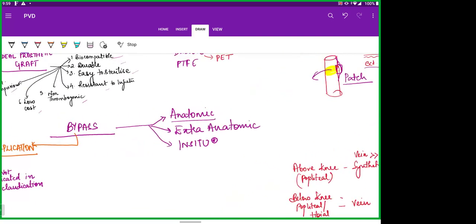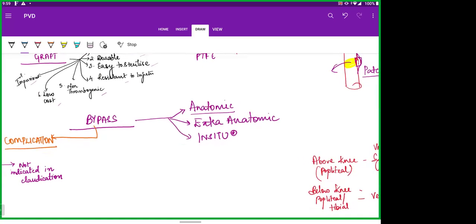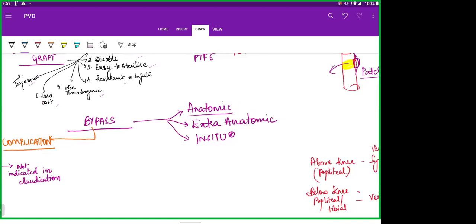So the commonest setting is not because you can't approach it, but because the graft is infected. You take out the infected graft, ligate the vessel, and then bypass from the axilla down to both femoral arteries.